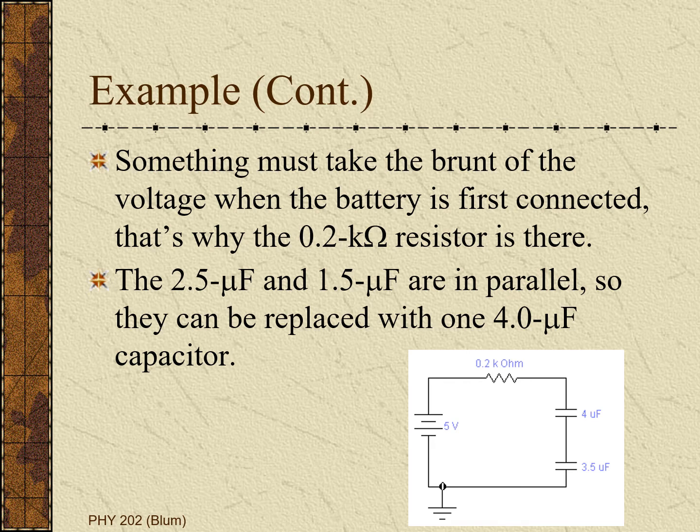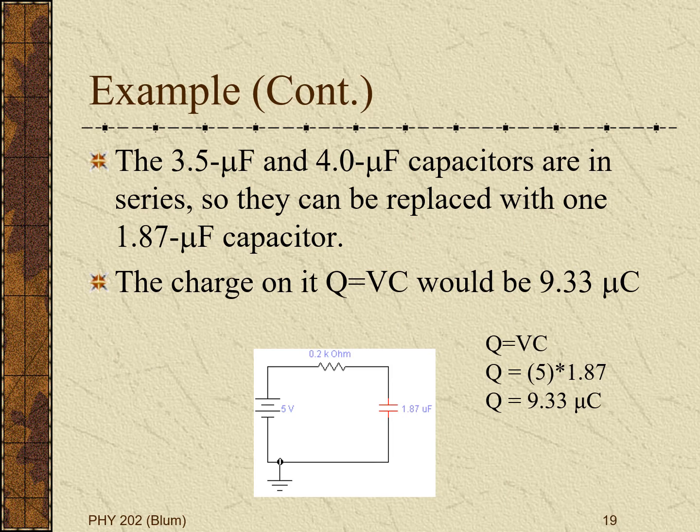And then we've replaced, as we said before, the 2.5 and the 1.5 microfarad capacitors, which were in parallel, with an equivalent capacitance of 4 microfarads. Now we are going to replace the 3.5 microfarad and 4.0 microfarad capacitors, which were in series, with their equivalent.